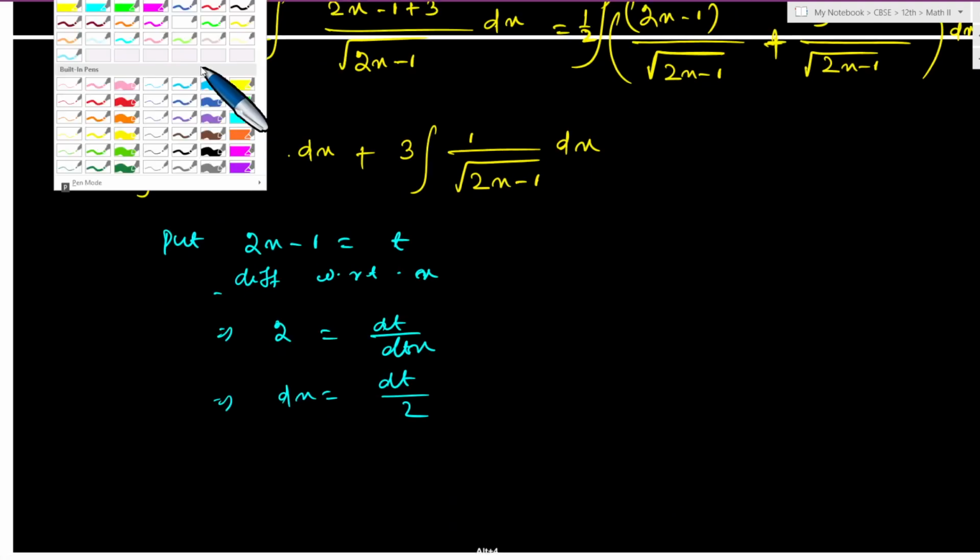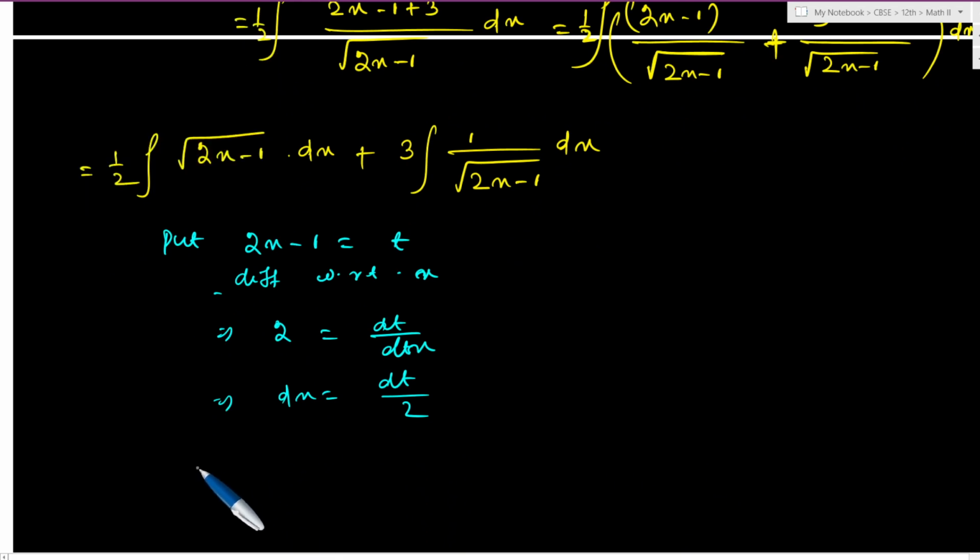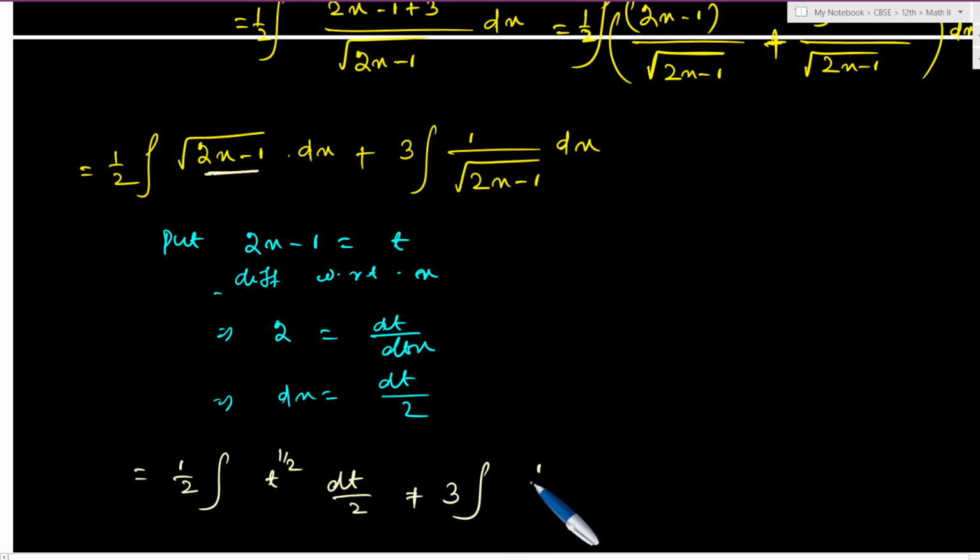Okay, now solve using like this, equal to 1 by 2. ये कितना हो जाएगा 2x माइनस 1, ये है तो मतलब क्या आएगा t आएगा root over of t, or you can write like t to the 1 by 2. dx is equal to what? dt by 2 plus 3, it is 1, and here is 2x minus 1, will use t, that is root over of t.